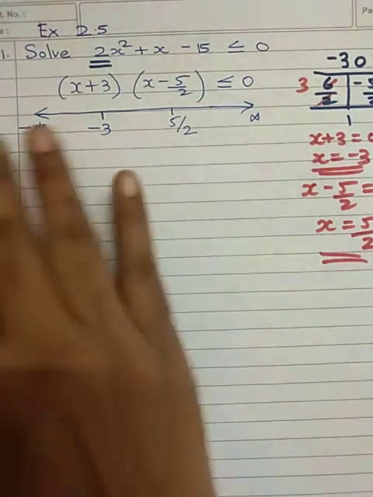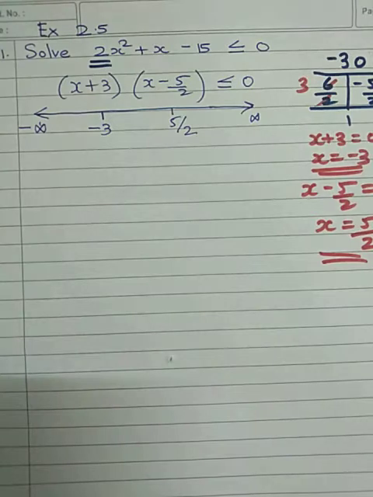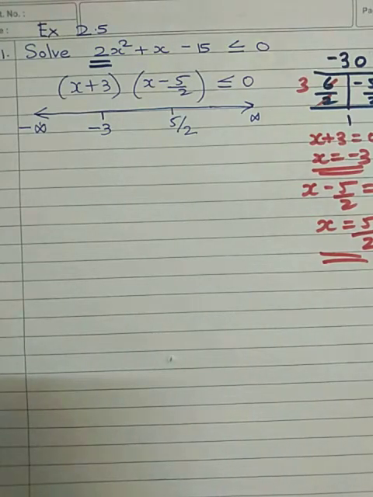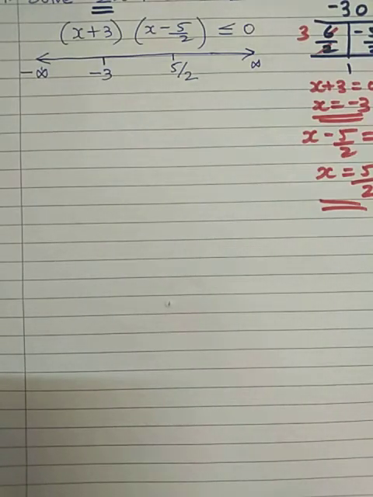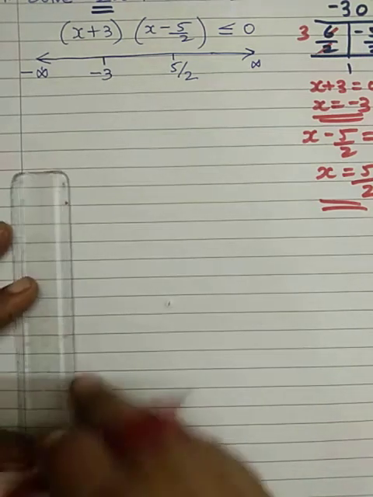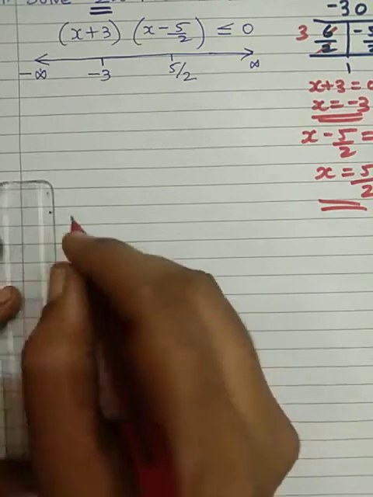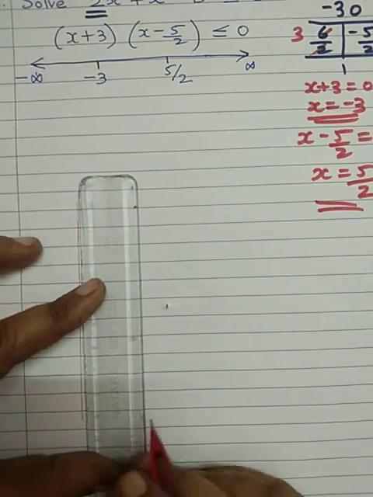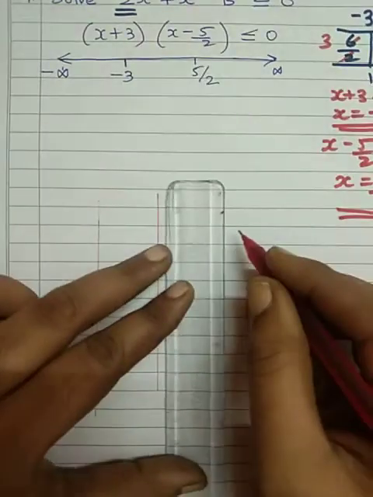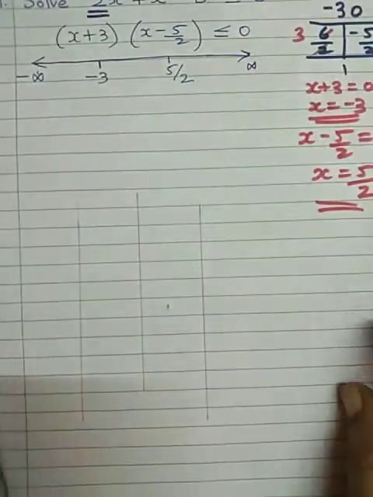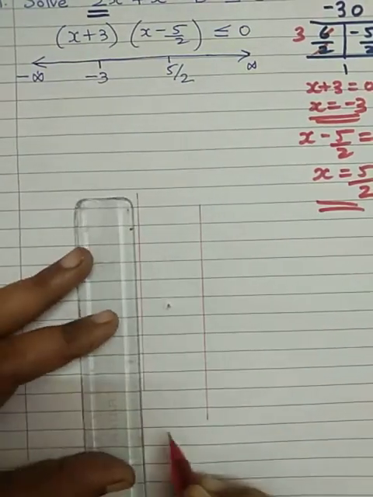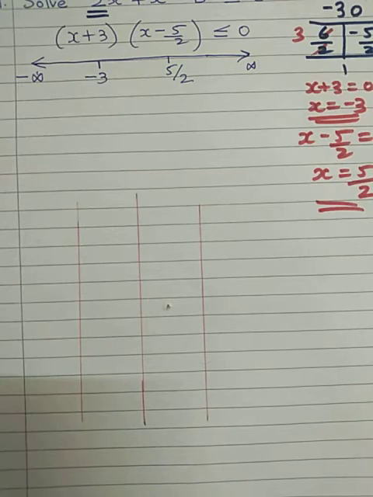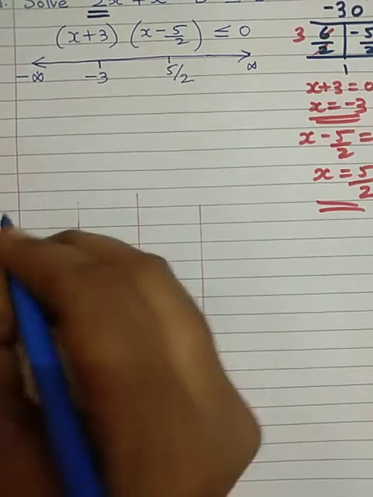Okay. Once this number line is ready, the remaining answers, let me put in a tabular column. So let me draw the table. The table will have 4 columns. Now let me tell you the headings we are supposed to put.